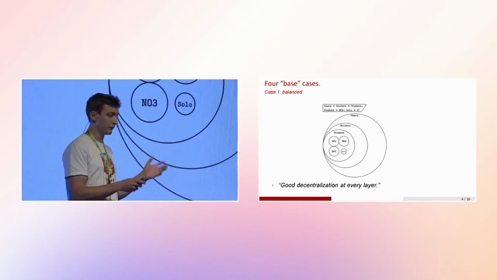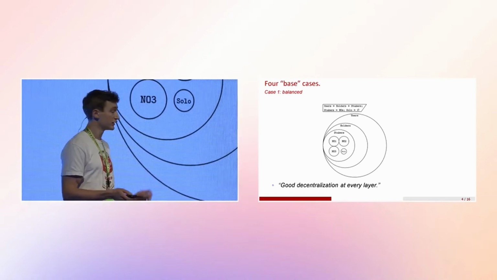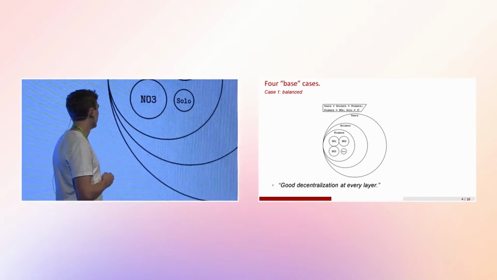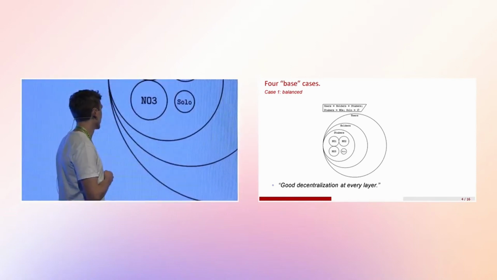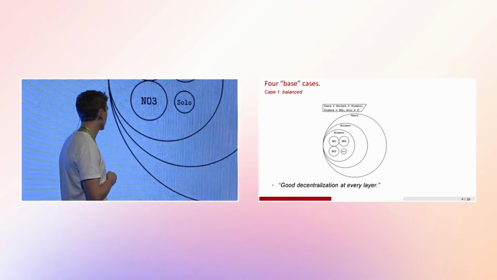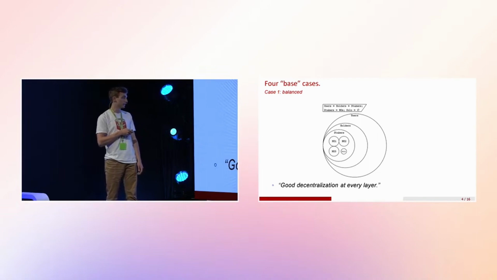I differentiate them from users because they might hold ETH beyond what they just need to pay for gas. Stakers are people who participate in the consensus layer. So we have this further subdivision into node operators, which I have 3 of in this simple case: node operator 1, node operator 2, and node operator 3, and the solo stakers, which I represent here.